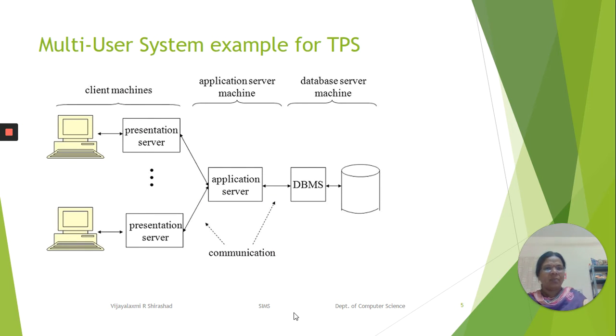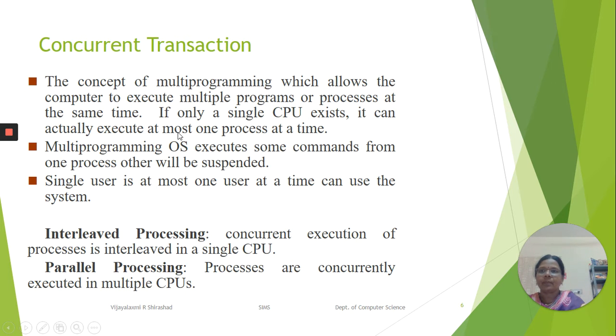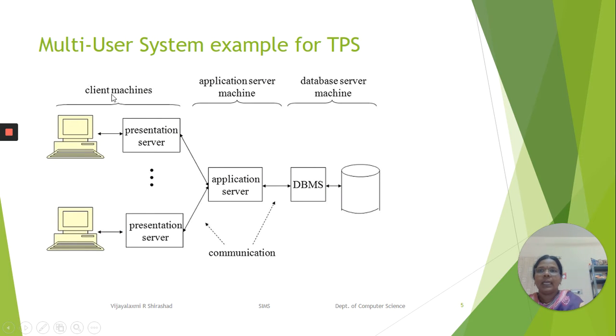Next, the same thing I told you, now how that server will work. So, a multi-user system example for this: client machines will be there. These are two clients. This is a server. Through that server we are going to access the data which are needed.